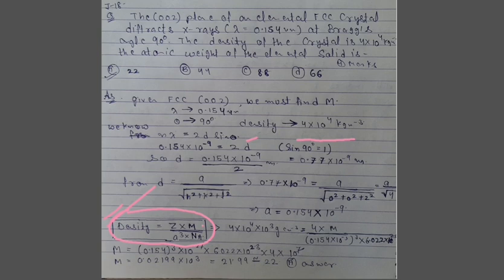So the value is 0.154 into 10 power minus 9 is equal to 2d, because the value of theta is 90 and the value of sin 90 degree is equal to 1. So here the value of d we get is 0.77 into 10 power minus 9 meter.